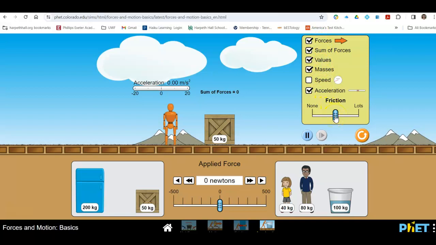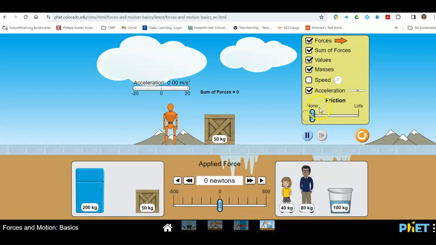Very important, in this second experiment, set the friction to none. Move it all the way to the left so that there is no friction. Okay, I'm going to click this play button or pause button so that the simulation will only run when I tell it to run.